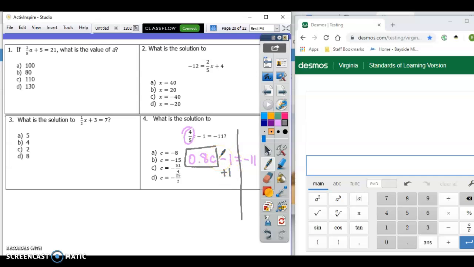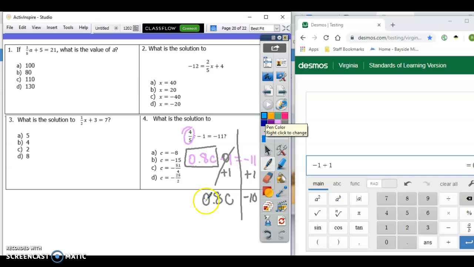So I'm going to type that in just like I see it. So I have -1 plus 1, and I get 0. So that means I get to cross this off. And whatever I do here, the +1, I do to the other side. So -11 plus 1, I know that that's -10. If you need to use your calculator, you can do so.